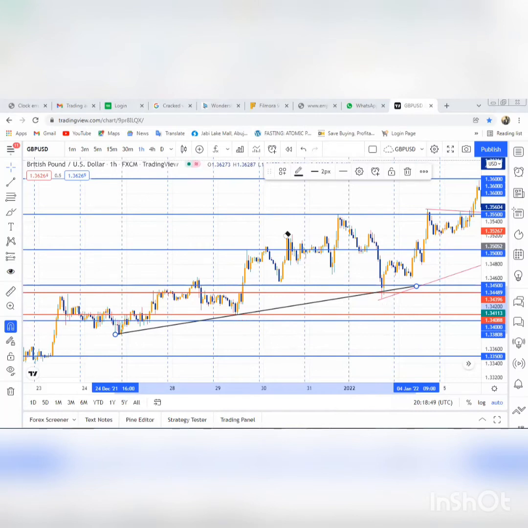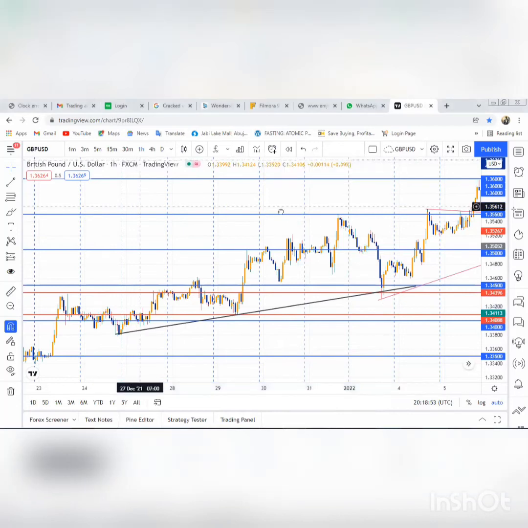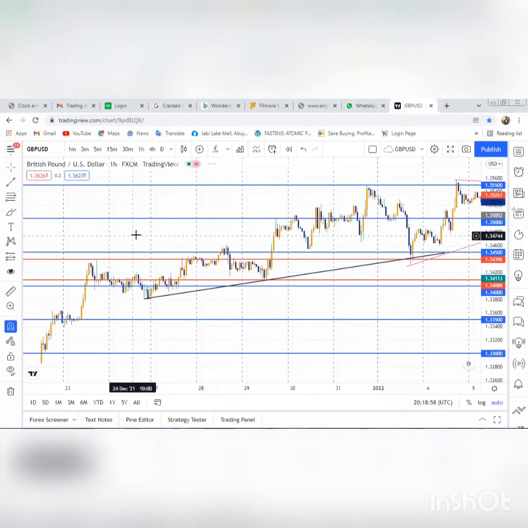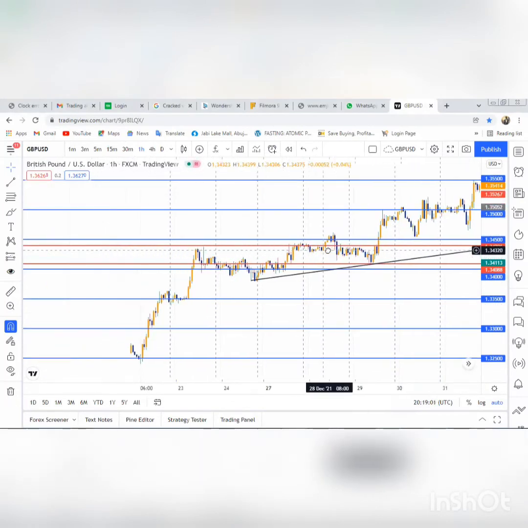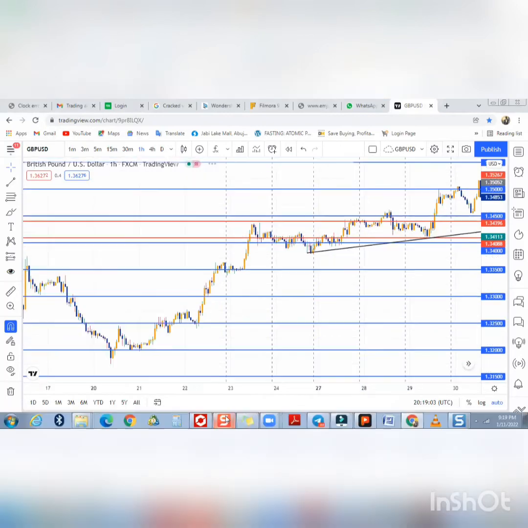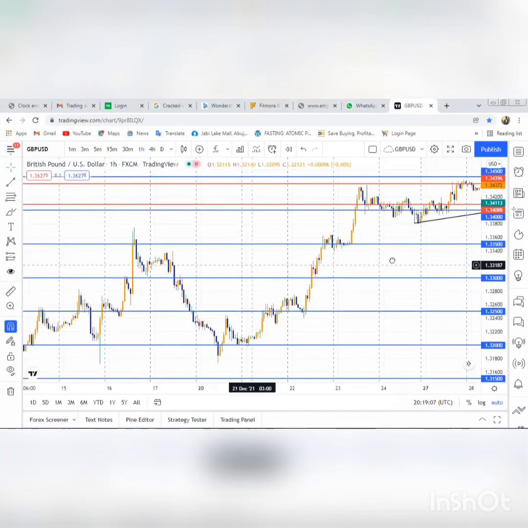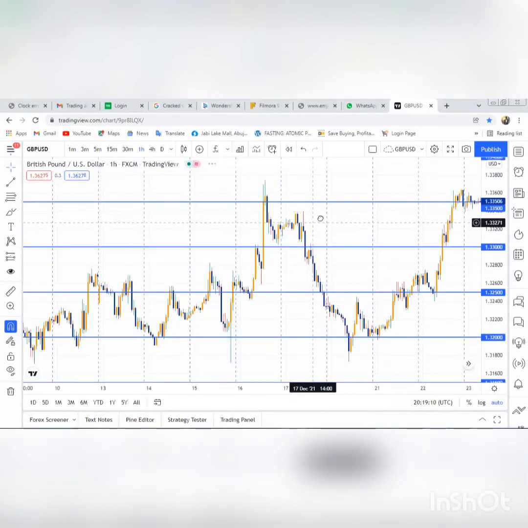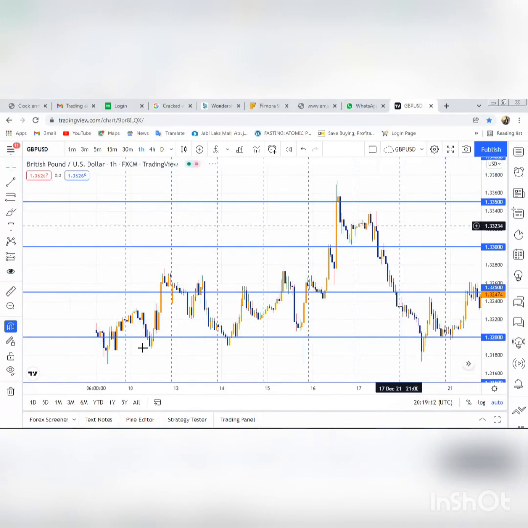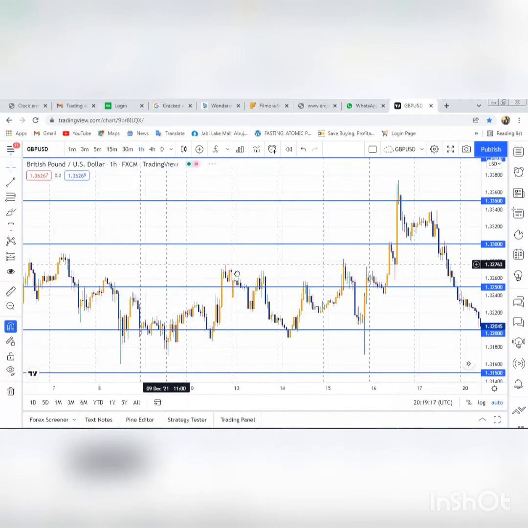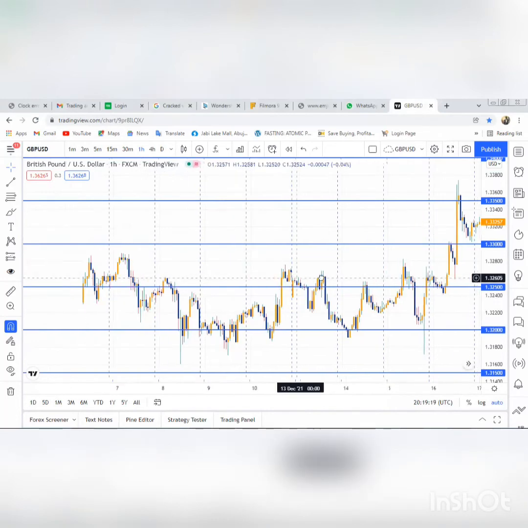I hope we are really getting this. Also, it is important to know that you can draw the trend line on any time frame, guys. If you're on the 1 hour time frame, it just depends on the type of trader that you are.